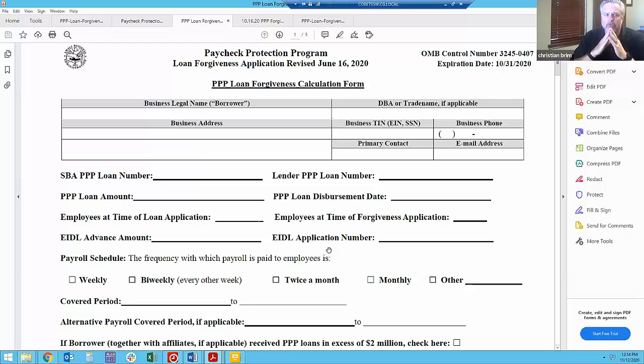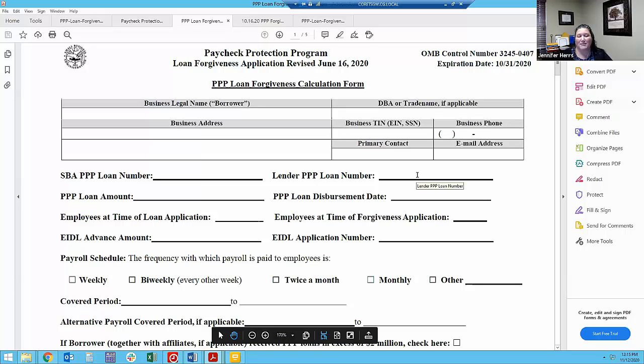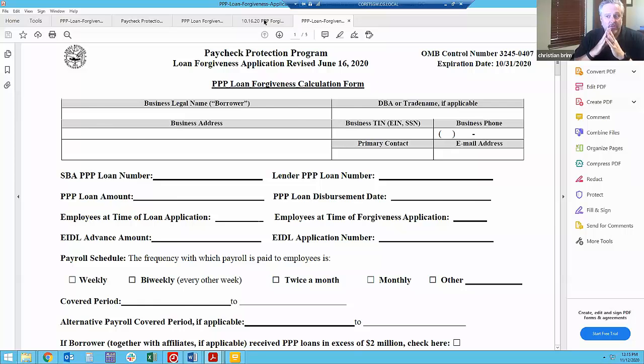What happens from a tax standpoint if your loan is forgiven? If your loan is forgiven, then while it is not taxable income, the expenses up until that forgiveness amount are not deductible. So essentially it's taxable.